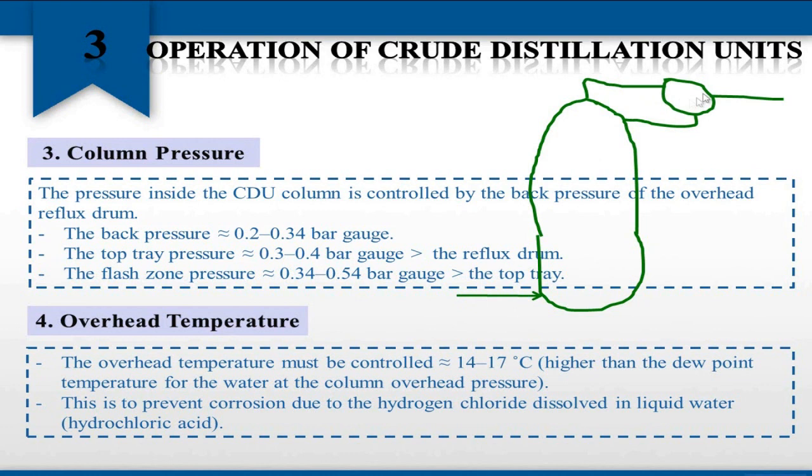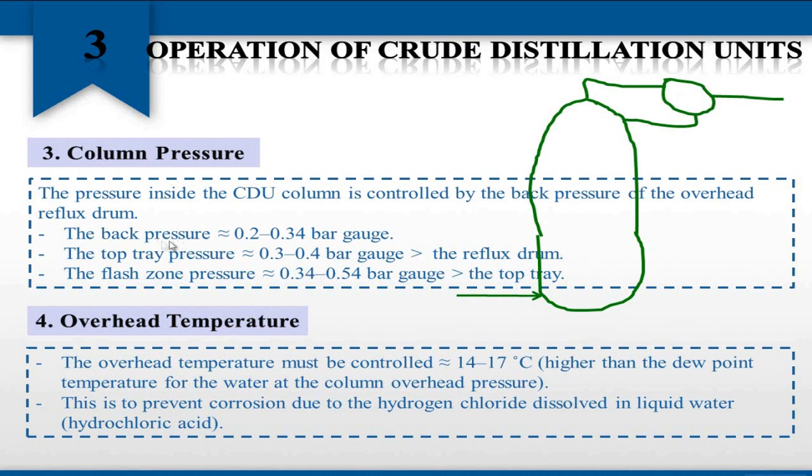So this is at the bubble point pressure of the top products at the minimum cooling water temperature, as we know. And then the flash zone pressure here is equal to the overhead drum pressure plus the summation of the pressure drop in each tray.